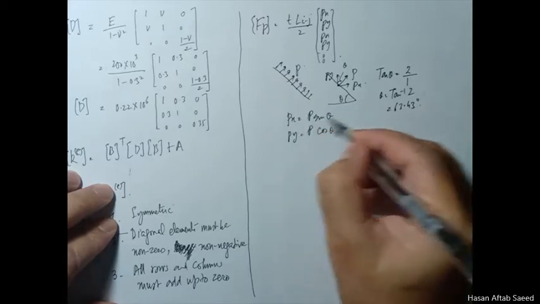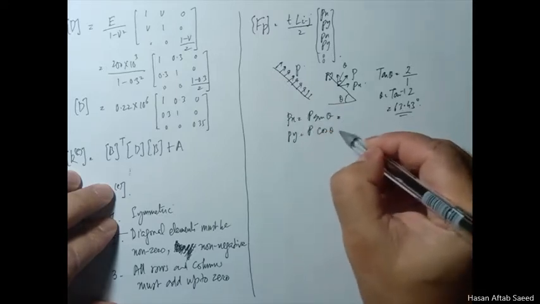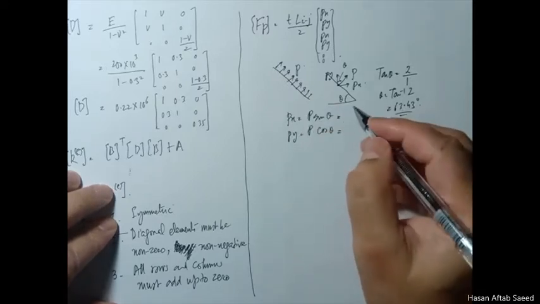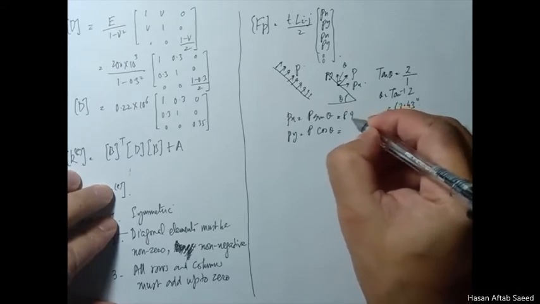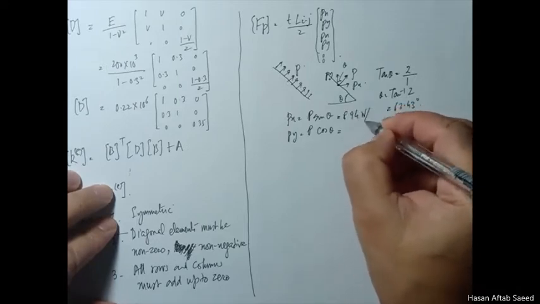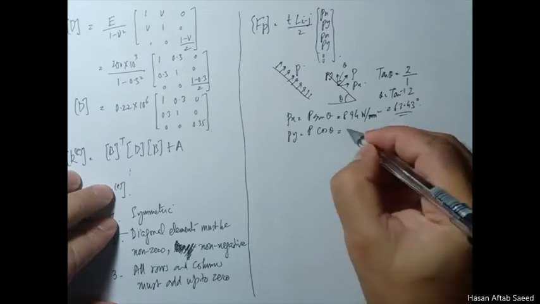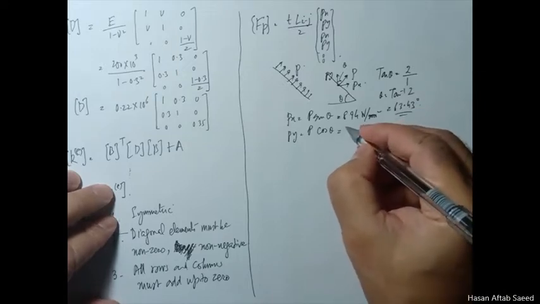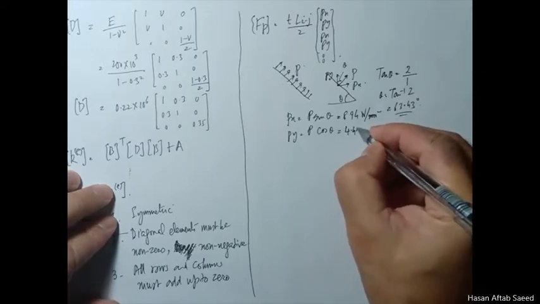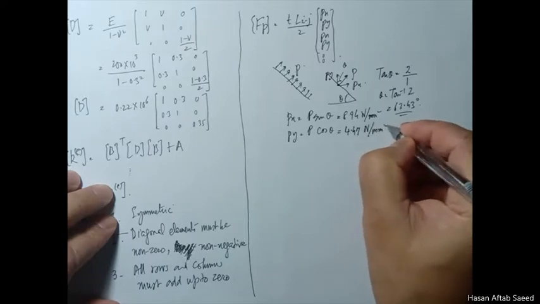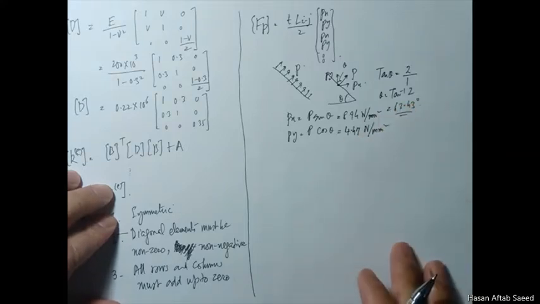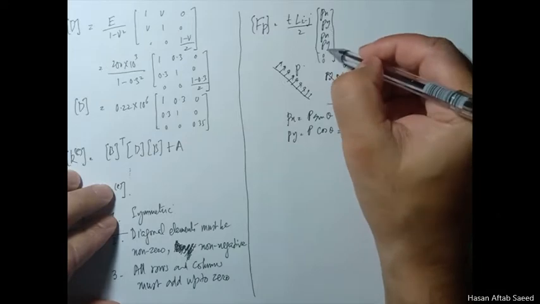If you put in the values here, px comes out to be 8.94 Newton per square millimeter, simple trigonometry, and py comes out to be 4.47 Newton per square millimeter. These are the values. So we have taken care of px and py.